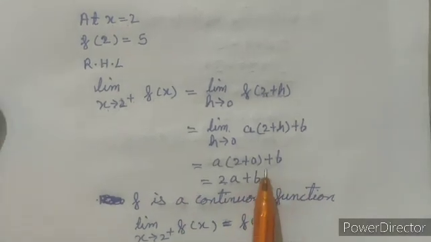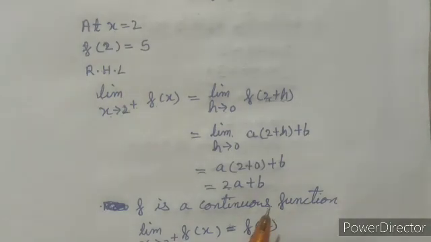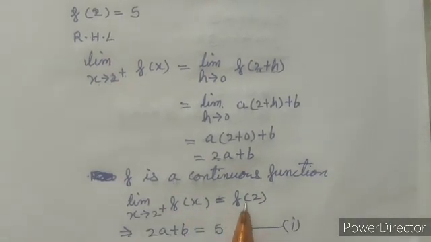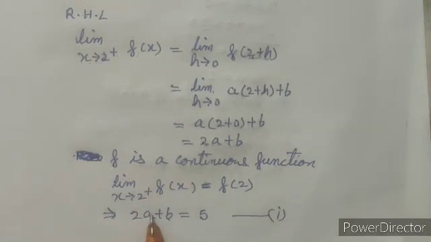As we know the function is continuous, so we can say that the right hand limit will be the value of the function at x equal to 2, and that is giving us 2a plus b equal to 5, and this is our first equation.